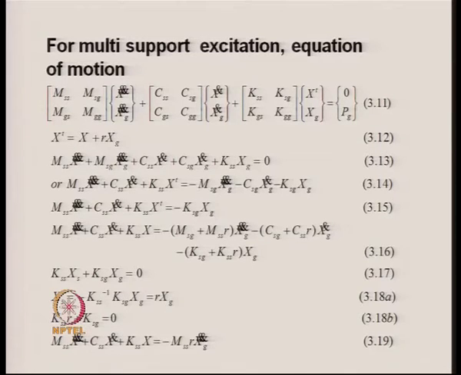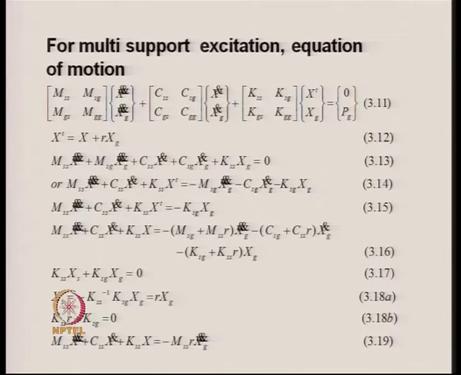As far as the mass term is concerned, MSG is assumed as 0 as before, and therefore we have equation 3.19, where we write down the equation of motion in terms of the relative motion of the structure, that is relative displacement, relative velocity and relative acceleration.